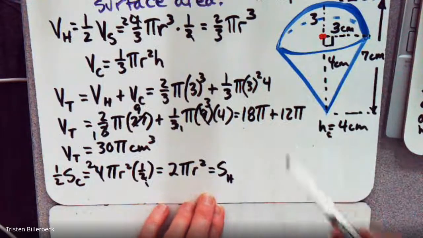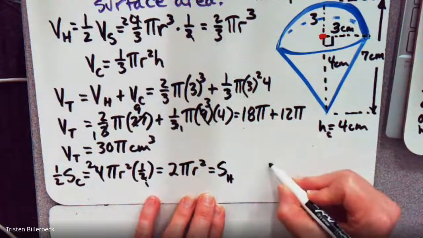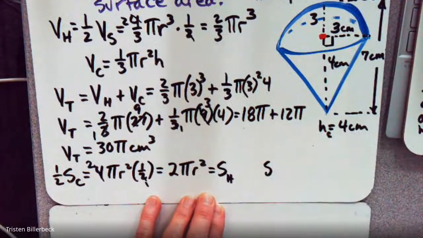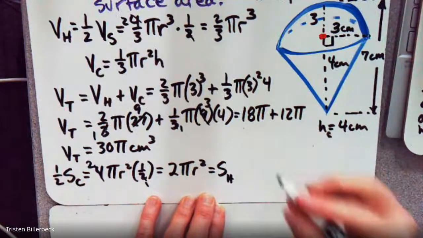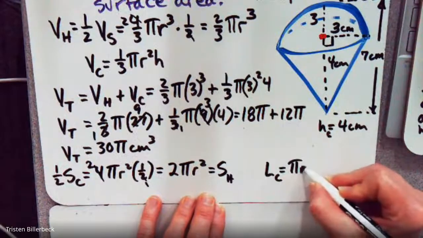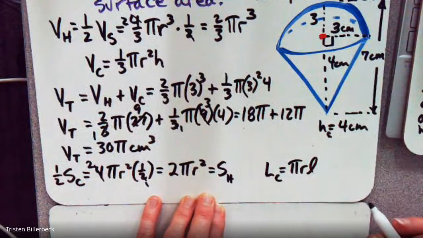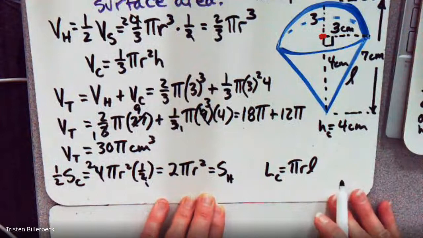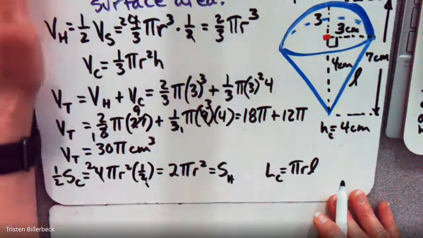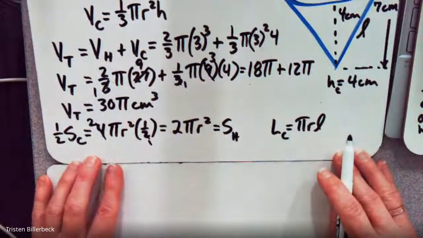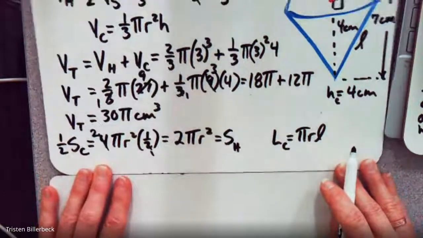Let's call the lateral area of the cone pi r L. Do we know what L is? No, we don't. We only know r, and we know h, because we needed that for volume, but we don't know L.